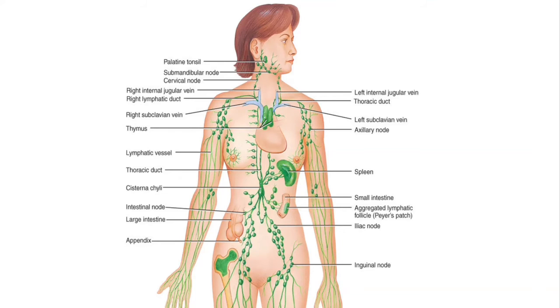Lymph from the lower limbs is drained to lymph nodes along the inguinal area. And there are many lymph nodes in the thorax and in the abdomen. Each region has its own group of lymph nodes.